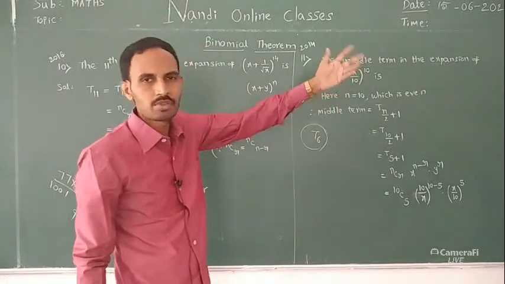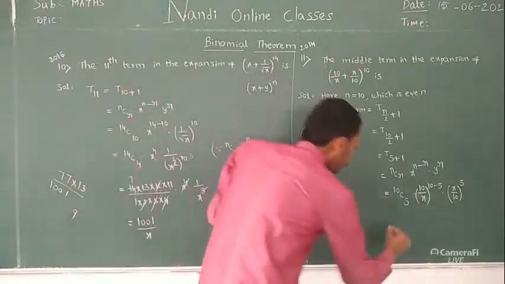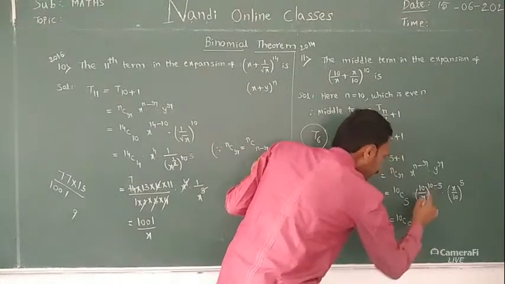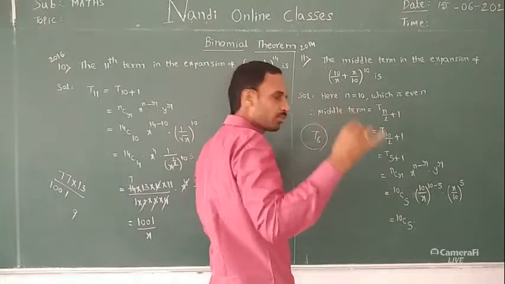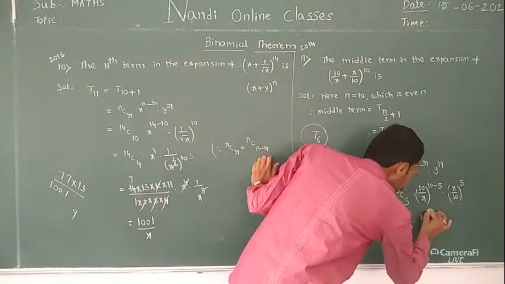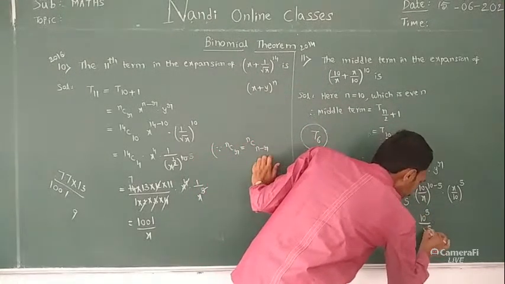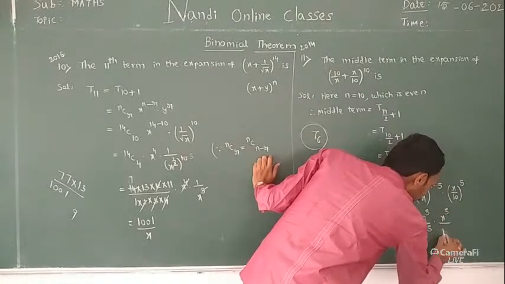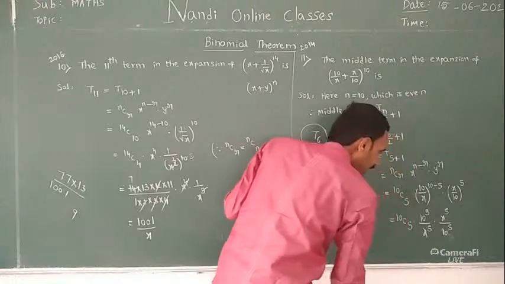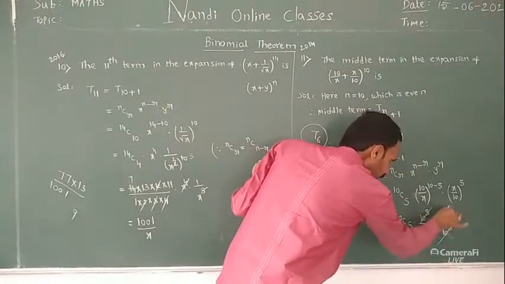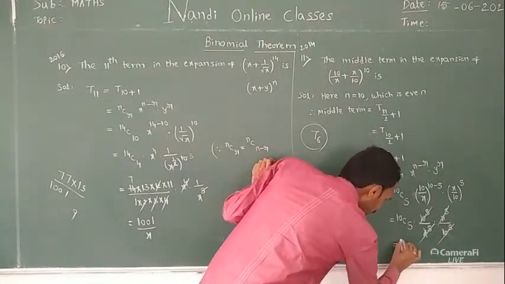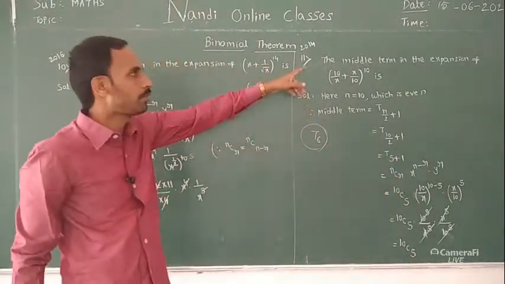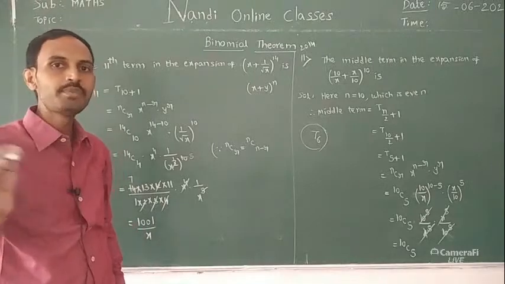Taking the power to each term, 10 minus 5 is 5, so we get 10C5 times 10^5/x^5 times x^5/10^5. Cancelling 10^5 and x^5, it is equal to 10C5. So the middle term in that expansion is 10C5.